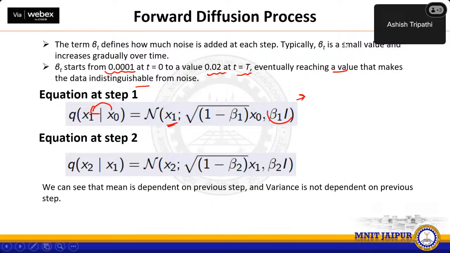What is the impact? Yes, definitely. Actually, the amount of noise that you are adding makes the labels for the reverse process. For example, you are adding some value that is called beta 1 in the first step, that is x1, and in the second step, the way in which you are corrupting the image is going to help the neural network that you have trained during the reverse process.